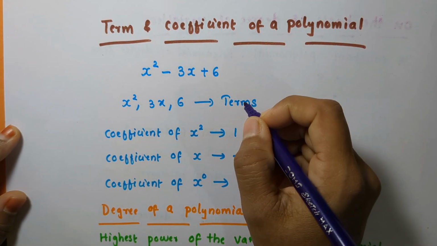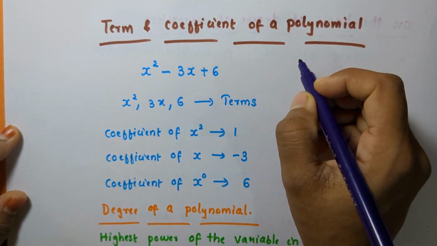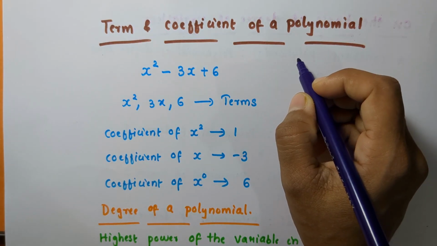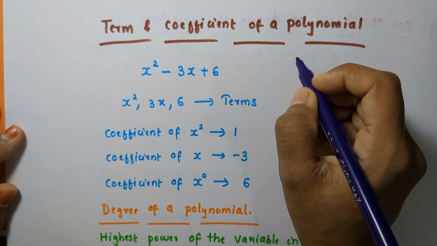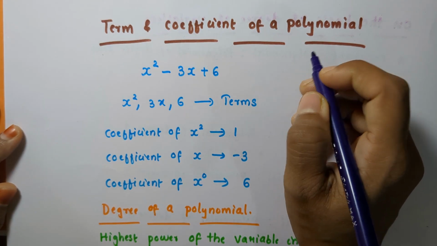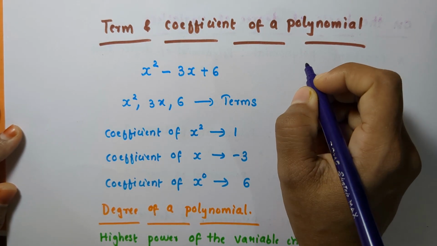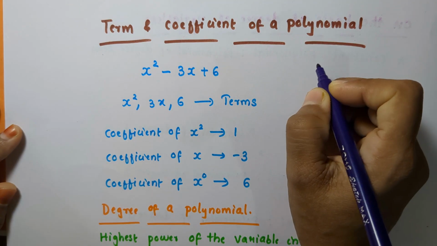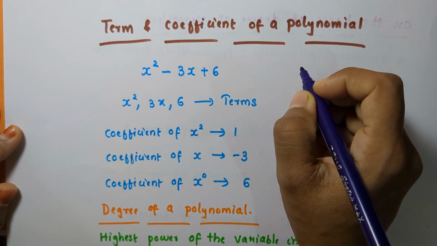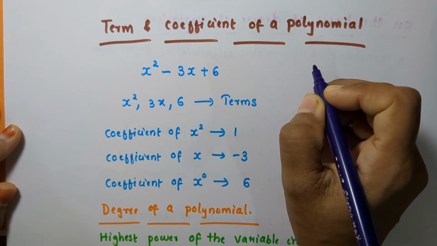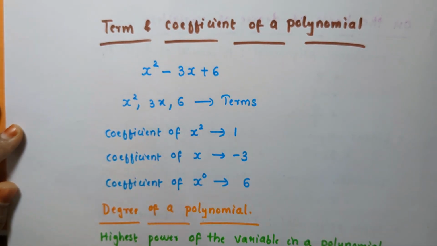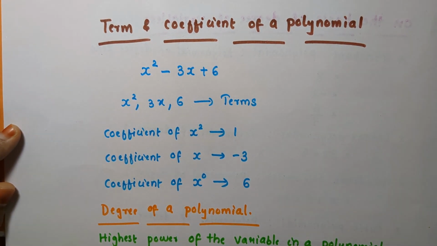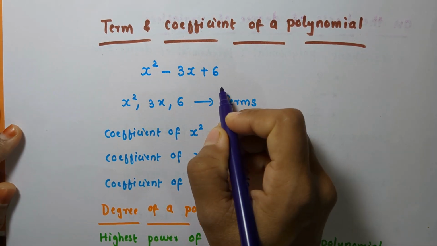Now, let us talk about the term and coefficient of a polynomial. The part of a polynomial separated by plus or minus sign is called a term of a polynomial. Each term of a polynomial has a coefficient, which is the constant associated with that term. For example, let us consider this polynomial, x square minus 3x plus 6.